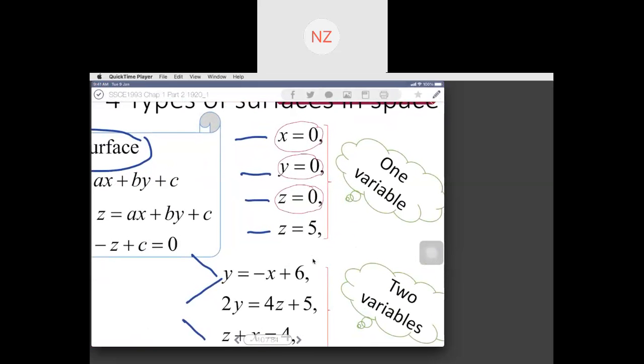Let's say here, I'm asking you to sketch Y equal to negative 1. Now Y equal to negative 1.